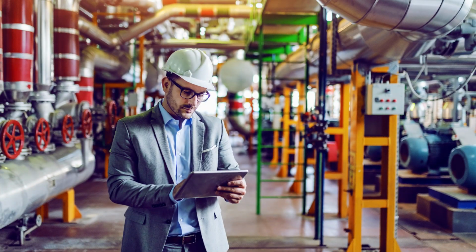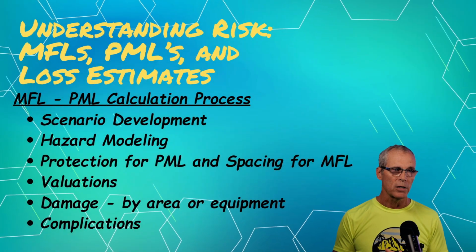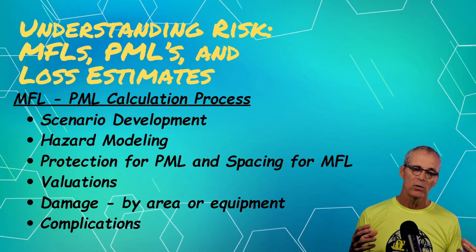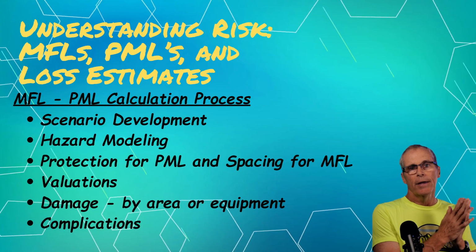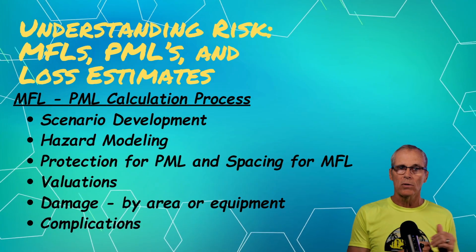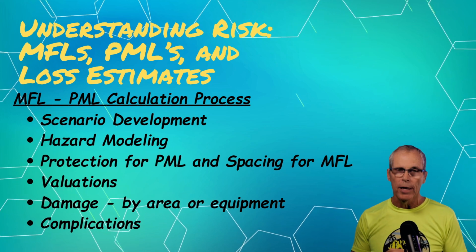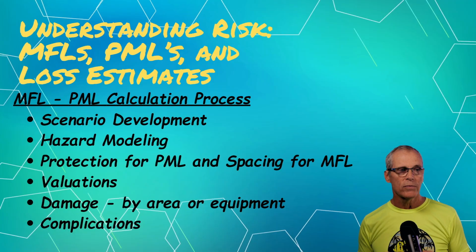We need the valuations to have a legitimate maximum foreseeable loss calculation. And then we're going to look at damage. Some MFLs are very simple and just apply a flat percentage to the value of the building or facility or equipment, and sometimes they're a little bit more complicated, and we'll show you the difference between a simple one and a complicated MFL study.